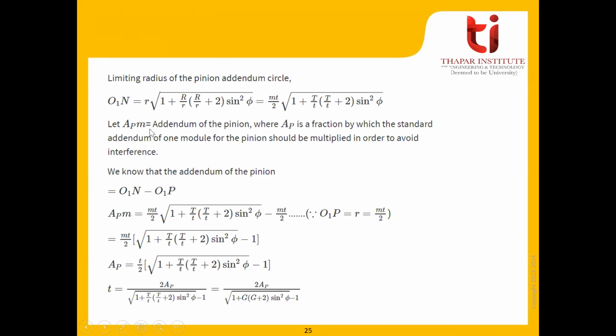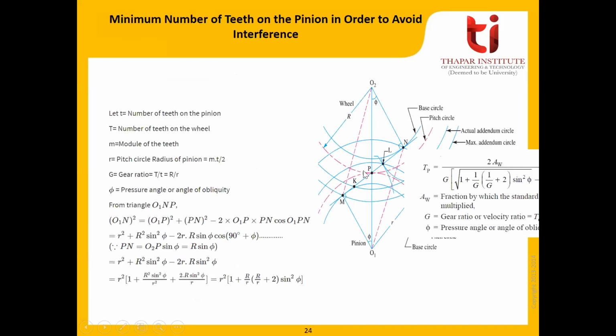AP multiplied by module is the addendum of the pinion, and AP is the fraction by which the standard addendum of one module for pinions would be multiplied in order to avoid interference. The addendum is the height of the gear beyond the pitch circle, and that can be written as O1n minus O1P.